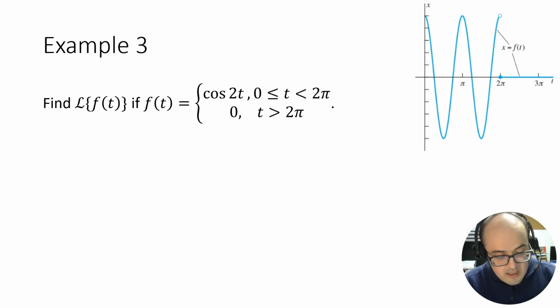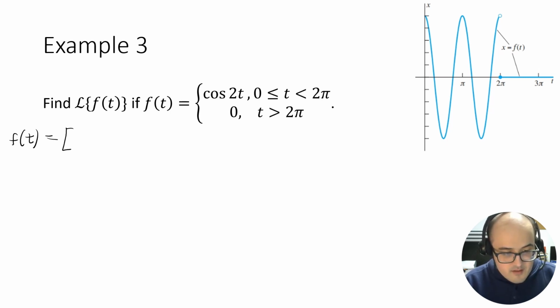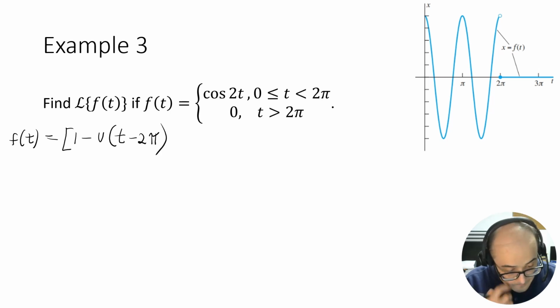So, f of t is equal to 1 minus u of t minus 2 pi times the cosine of 2t.